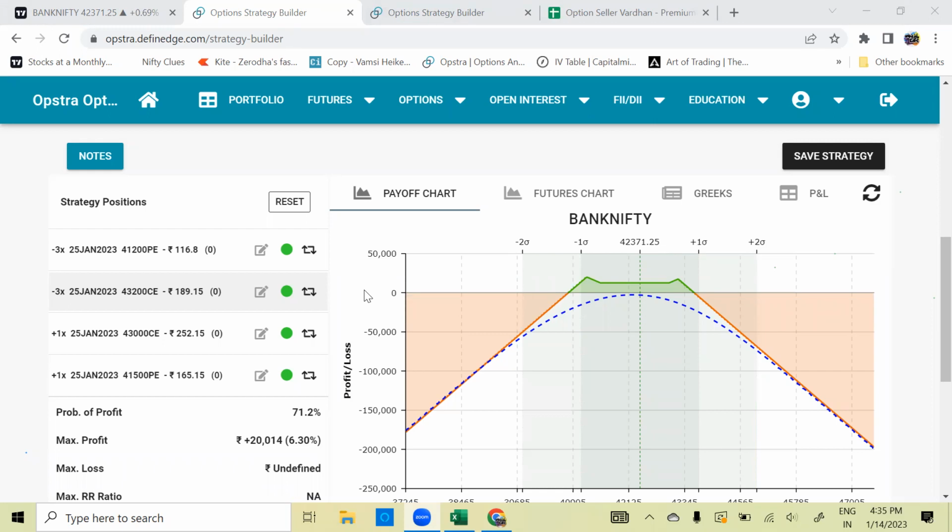For example, if you have a little bit of fear, what can you do? Now we are selling the 41,200 put. So you can buy another two lot put. Because one lot we bought at 41,500, so 41,200 is three lot sell. You can buy 40,800 two lot buy, but that is not required because whenever you are doing this inside hedge, technically you are hedging the position.